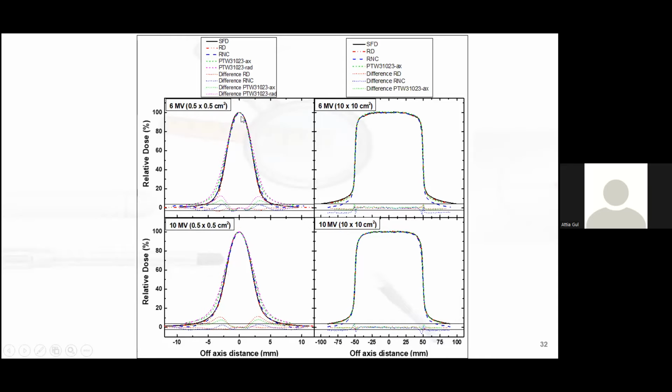But for 0.5 by 0.5, for PTW, the error is up to 18% for 6 MV. For axial direction, the error is less, but again it is up to 10%. That is not acceptable.